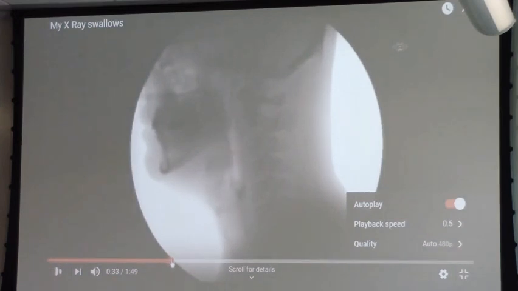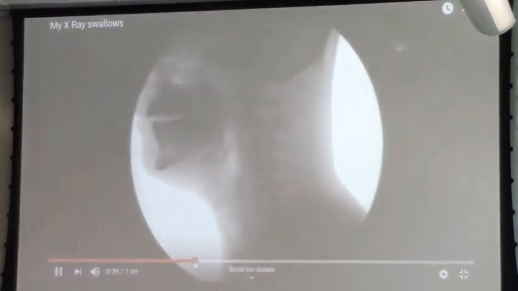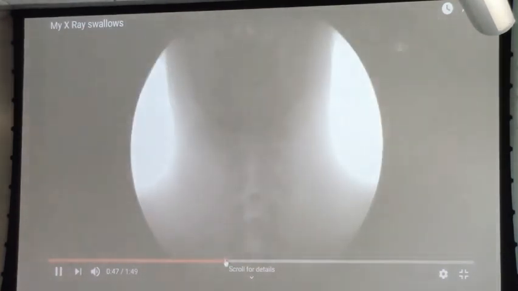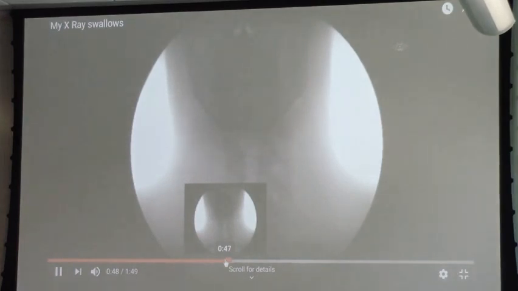We can see this from the front as well. Fluid being propelled down the esophagus.